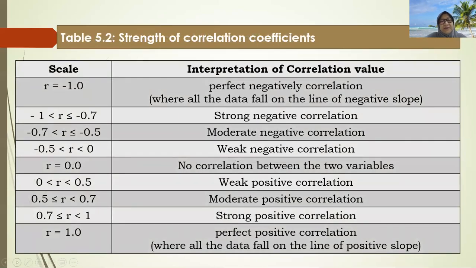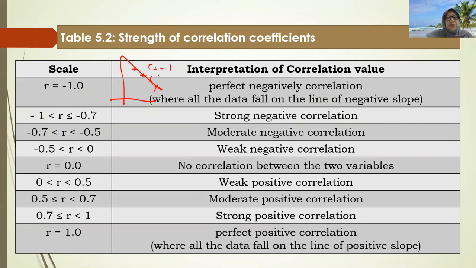This is the table on how we interpret the value of R that we have calculated. If R equals -1, for example, it is a perfect negative correlation between the variables. For the example that I drew just now, all the points fall on the straight line, but in a negative relationship.